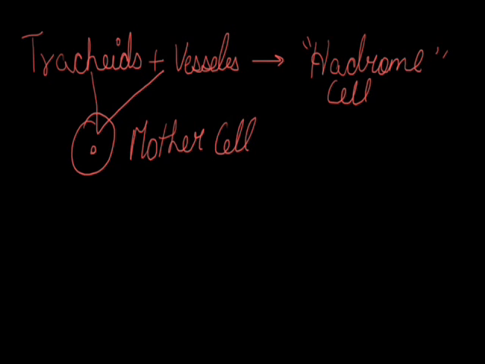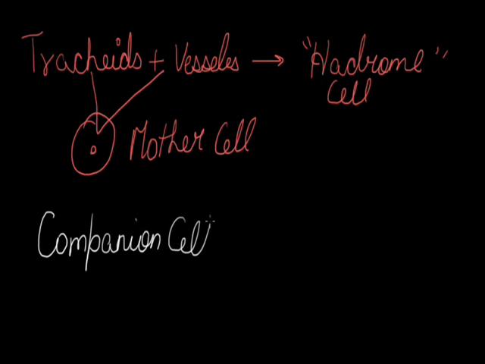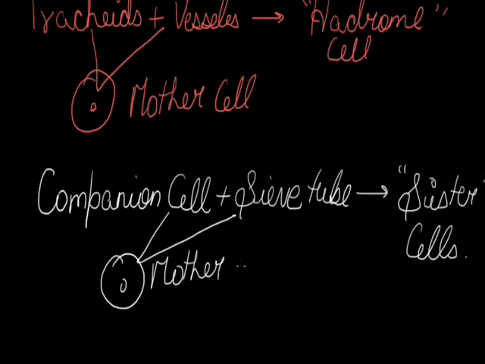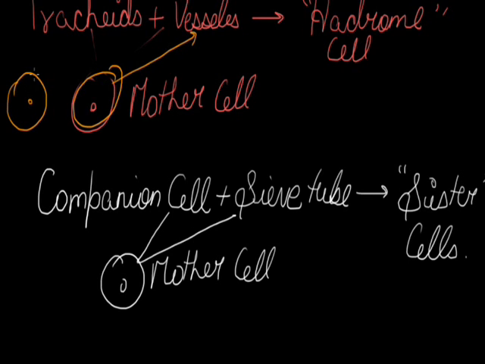But in phloem, companion cell plus sieve tubes together are called sister cells, where they originate from the similar mother cell. Sorry, there is a correction: the tracheids and vessels originate from two different cells. Vessel originates from a vessel mother cell, and tracheid originates from another mother cell.